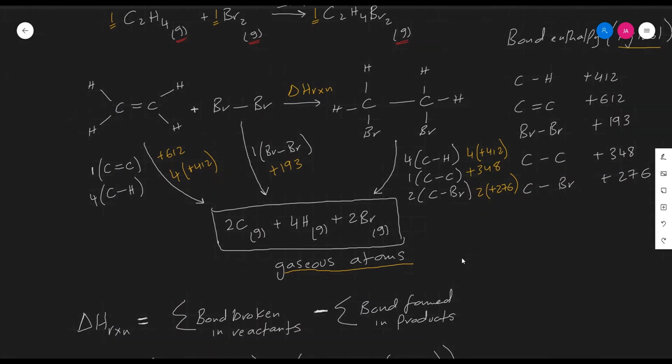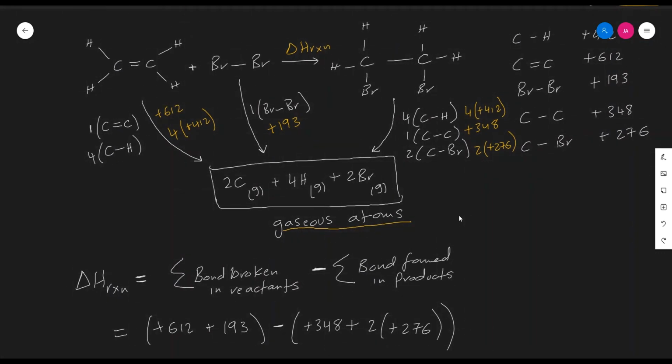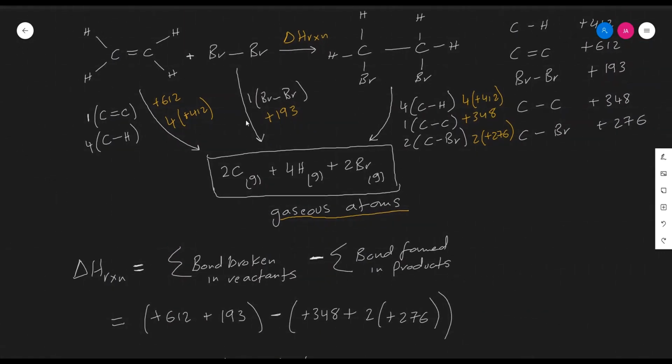Therefore, we would usually calculate the enthalpy change of reaction using bond enthalpies by summing up the bond enthalpies broken in the reactants and subtracting them from the bonds formed in the products.